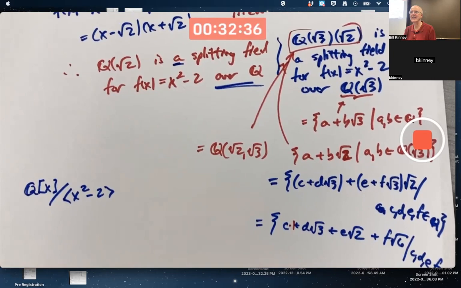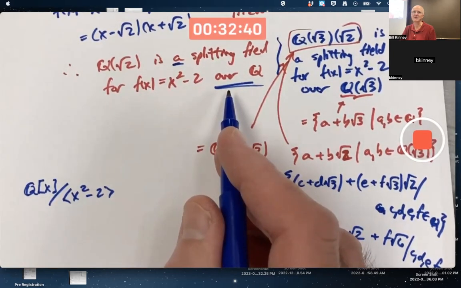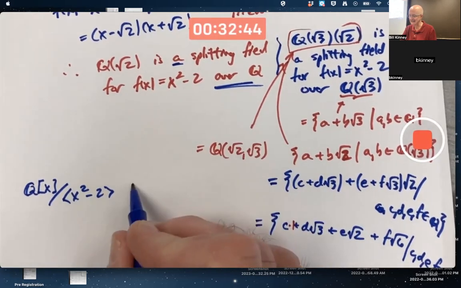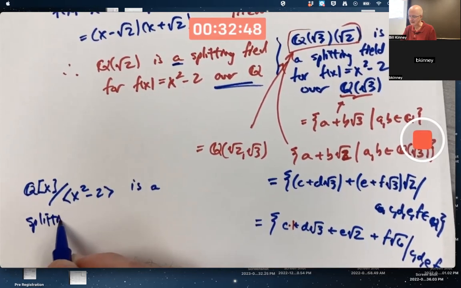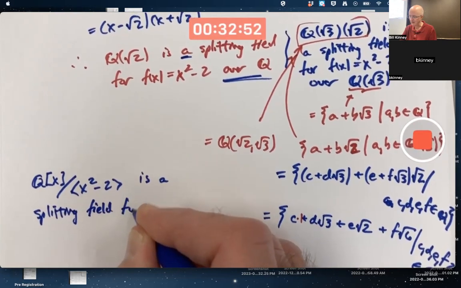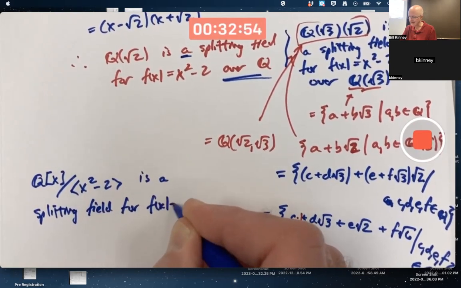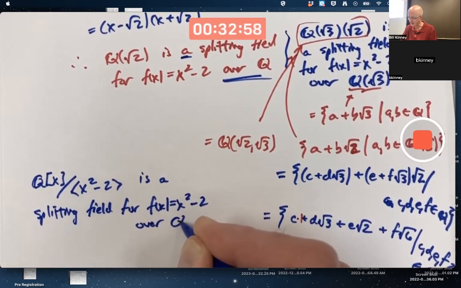That's a factor ring. Since the polynomial is irreducible over the rationals, it's also a field. And in fact, this is a splitting field for f of x equals x squared minus 2 over Q. But it's a weirder splitting field.